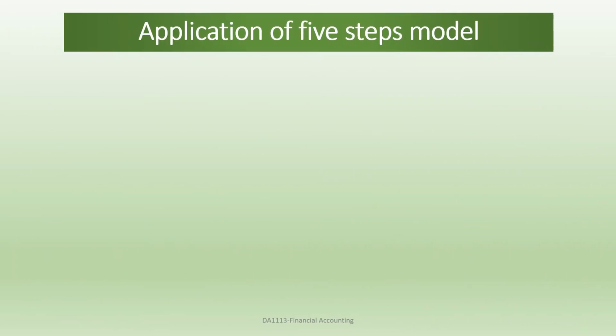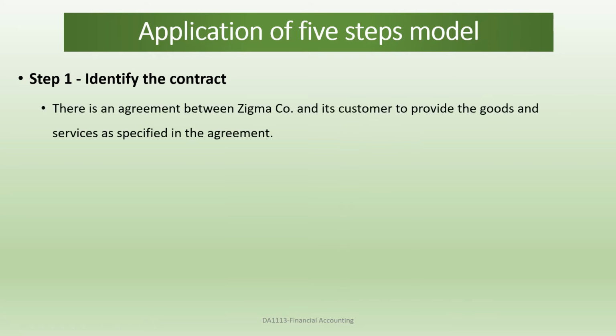Now let's go along with these 5 steps under SLFRS-15. The first one is identifying the contract. In this example, it's mentioned that there is an agreement between Sigma Company and its customer to provide the goods and services as specified in the agreement.